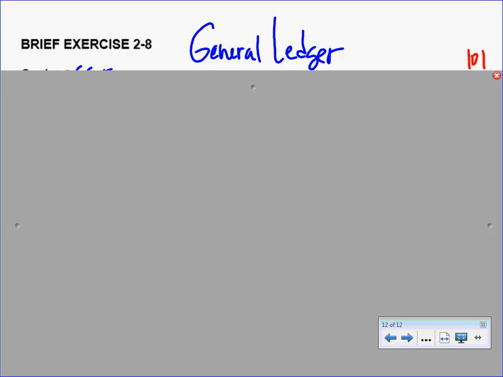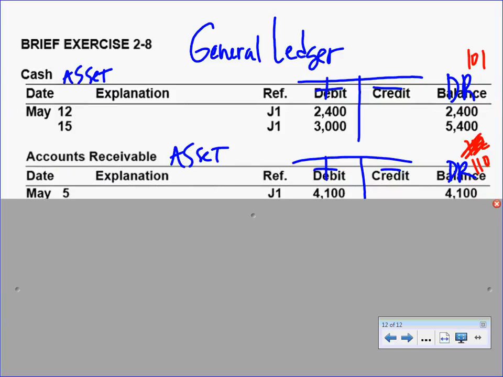So go find the AR mini account. Write in your date of May 5th. The weird thing is you don't need explanations here. Eventually you do when we close things or change errors or adjust. That's for a whole other chapter and a whole other day.